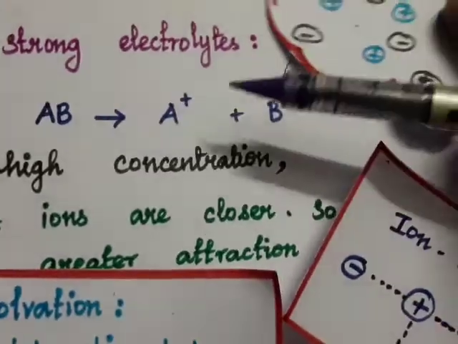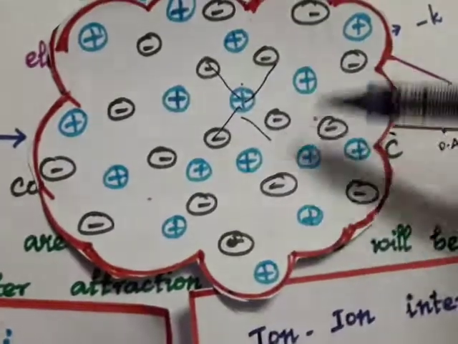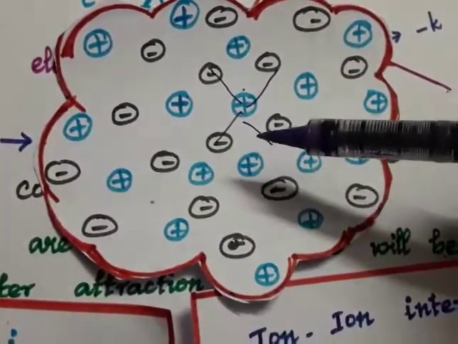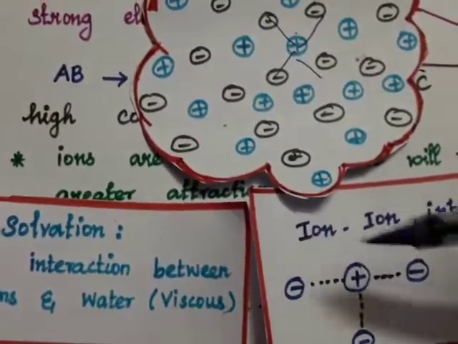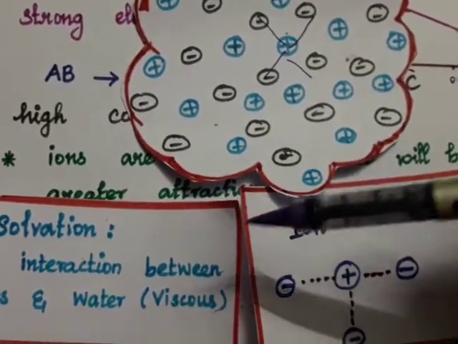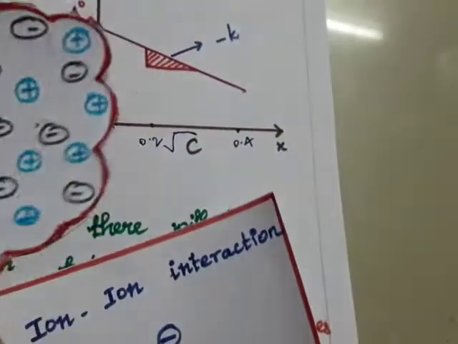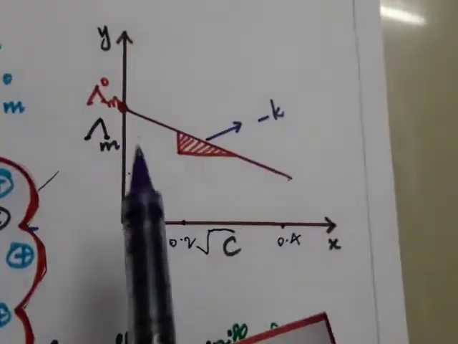At high concentration, ions are present together, very close together. And because of this, we have two factors, ion-ion interaction and solvation. So because of these two factors, the molar conductance will decrease. And that we have seen in the graph.